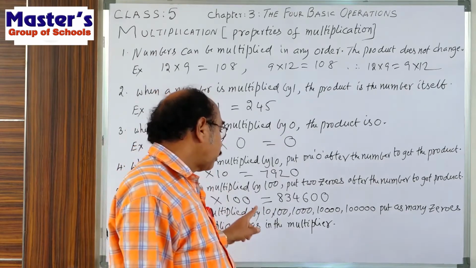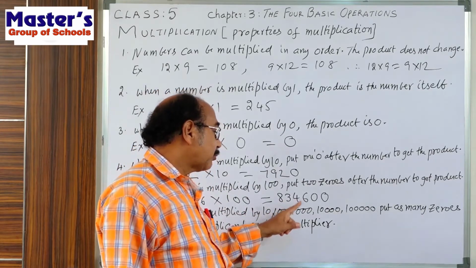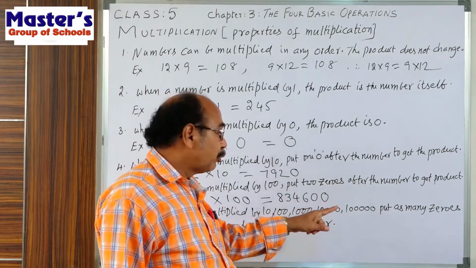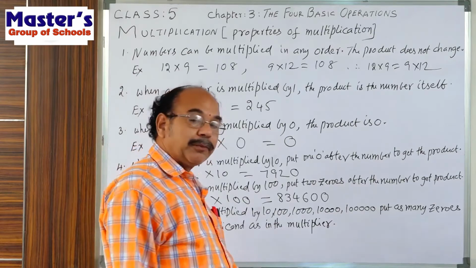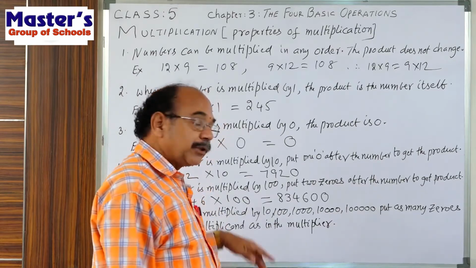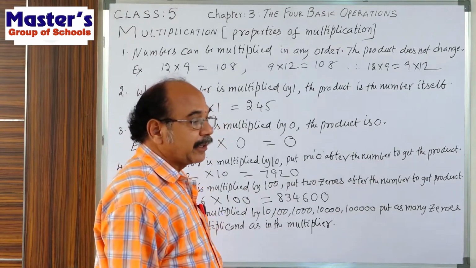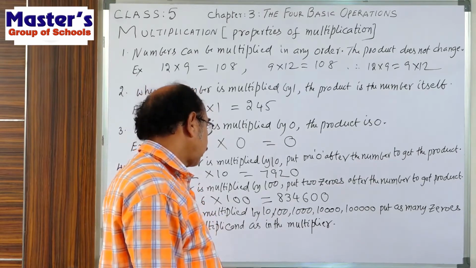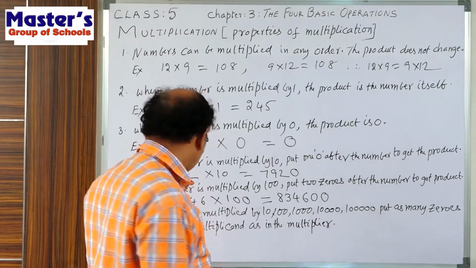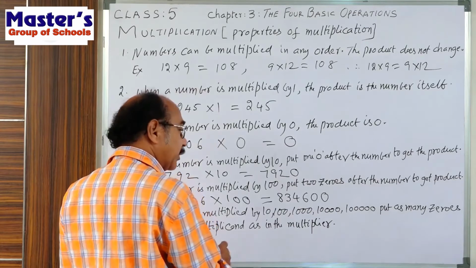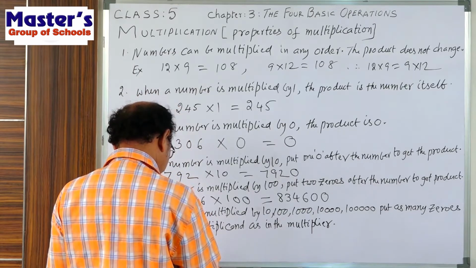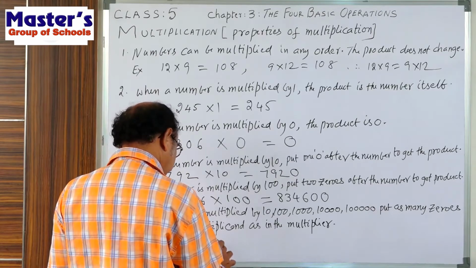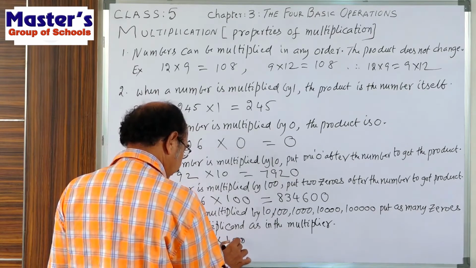When a number is multiplied by 10, 100, 1000, 10,000, lakhs, put as many zeros at the end of the multiplicand as in the multiplier. Okay, children. So for this one big example we can take. Suppose 2758. It is to be multiplied by 1 lakh.